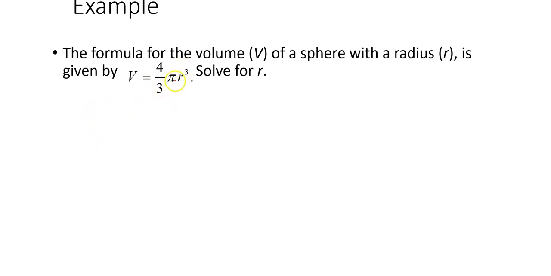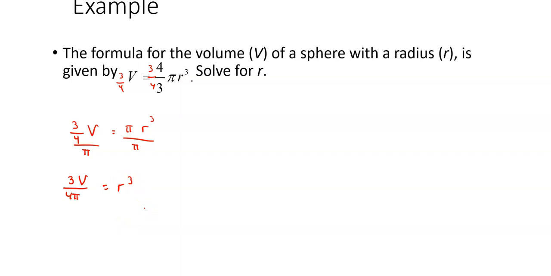What's keeping that r from being by itself? Well, for one thing, we've got that 4/3 in front, so maybe multiply both sides by the reciprocal to get rid of that 4/3. So I get 3/4 V equals pi times the radius cubed. All right, let's divide both sides by pi. This gives me 3 over 4 pi times V, so the V goes on the top, the pi goes on the bottom, equals r cubed.